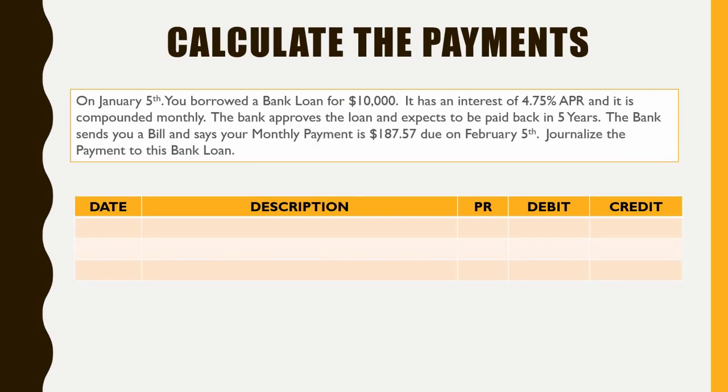Well, here's something that you may or may not know. You always pay the interest first. So your $187.57 will always pay the interest first. And then whatever is remaining will go towards your principal.